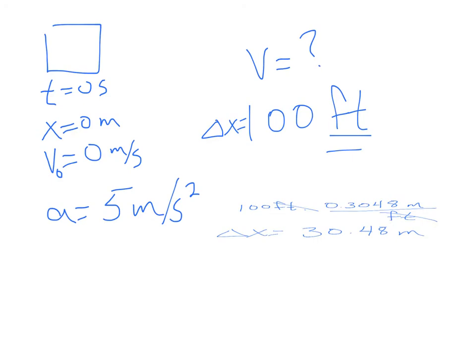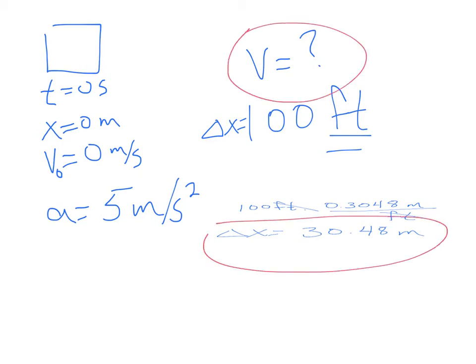So we're looking for a kinematic equation that can relate our final velocity, which is what we're looking for, our displacement, acceleration, and initial velocity. So we need an equation that is independent of time. That equation is the final velocity squared is equal to the initial velocity squared plus 2a delta x.